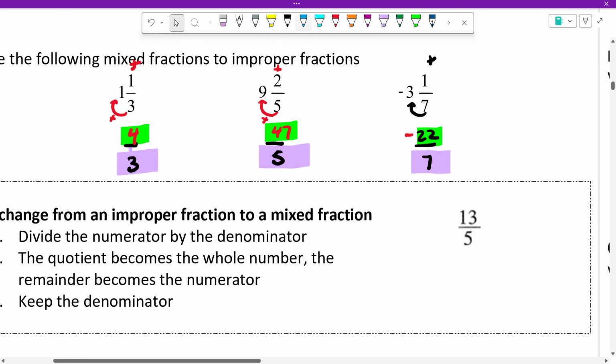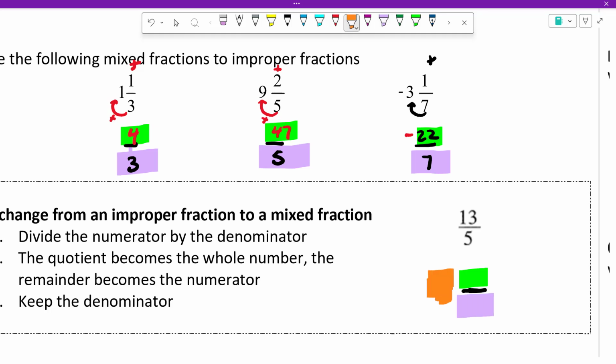Now we need 3 numbers. We have our numerator, we have our denominator, and we need our whole number. You need to come up with the 3 numbers. What's the purple number in this case? 5. It doesn't change. That stays the same. So the purple number is 5.